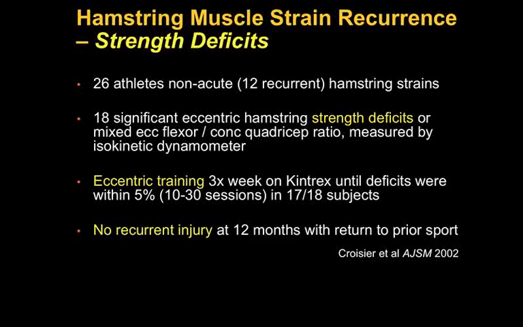Eccentric training 3 times a week until deficits were within 5% of each other was able to be done for 17 of the 18 subjects. And no reoccurrence in 12 months with return to prior sport occurred in this particular study.